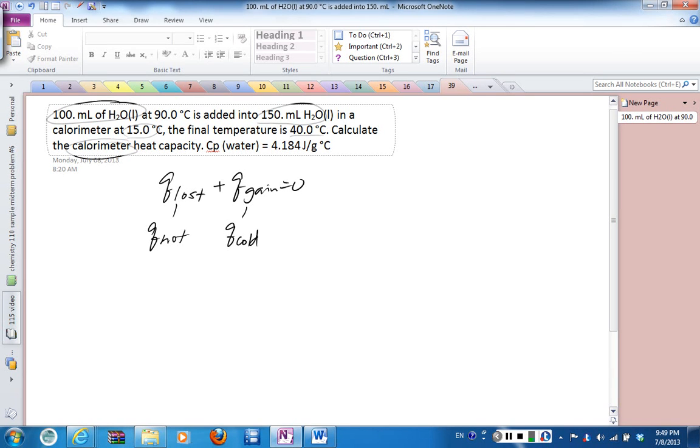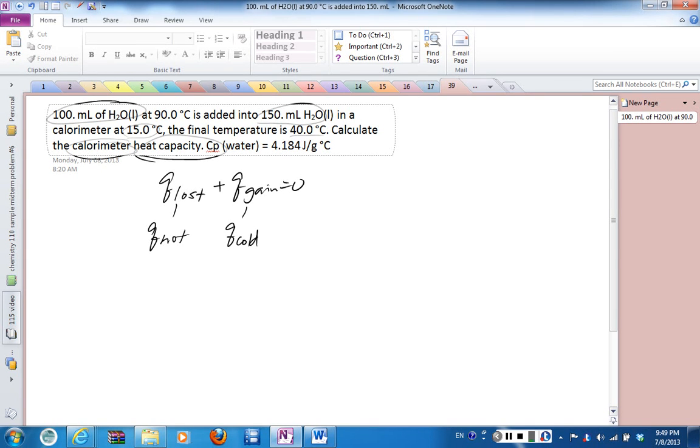In some of the examples and calculations that we did before, we ignored the container, seeing it as part of the environment, but not in this one. We're required to calculate the heat capacity of the calorimeter.